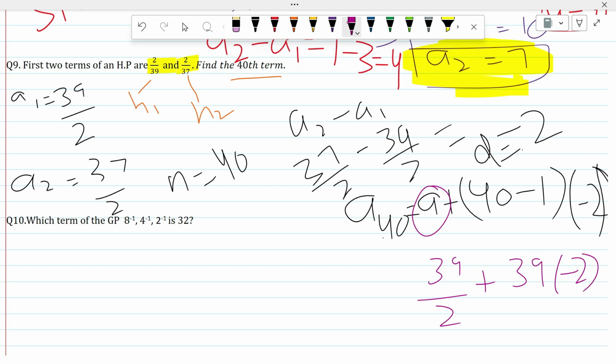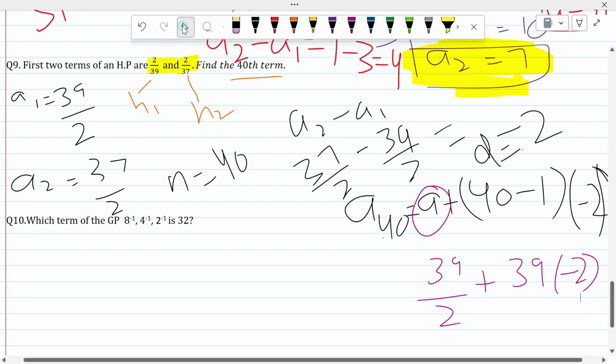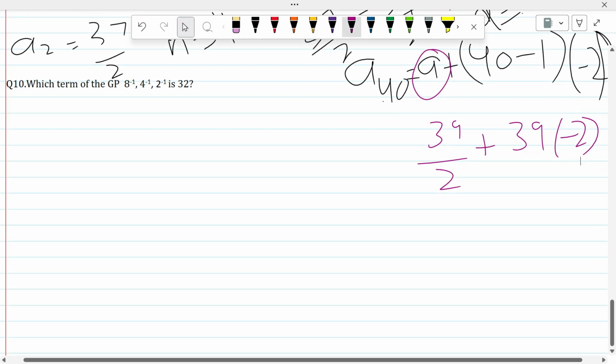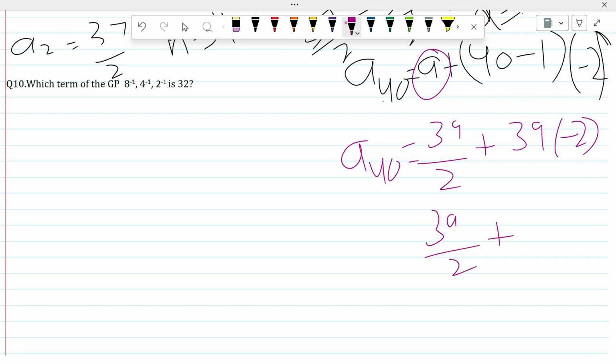Now multiply and take the LCM. Let me equalize it. Now 39 upon 2 plus, if I multiply 39 into minus 2, what would I get?